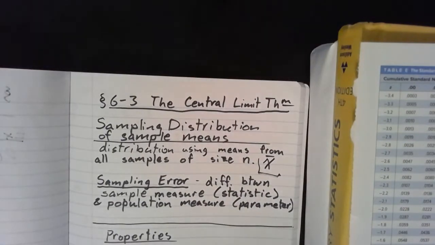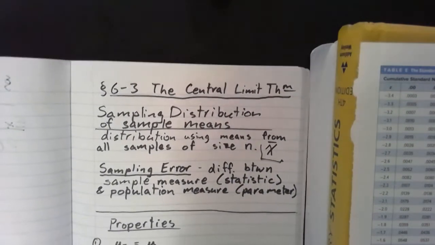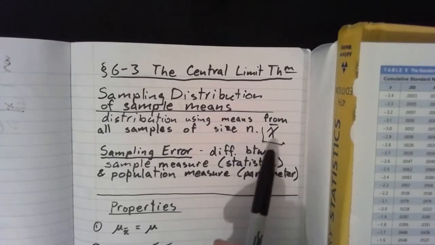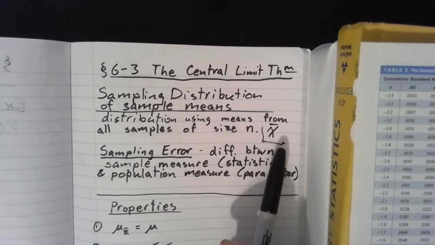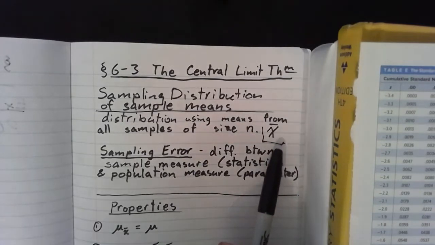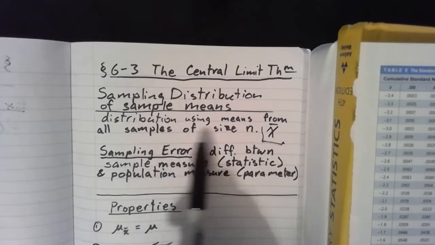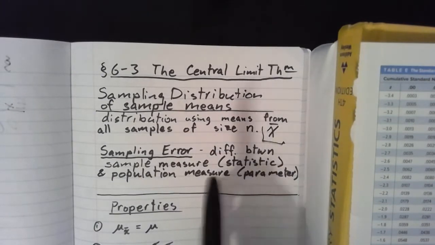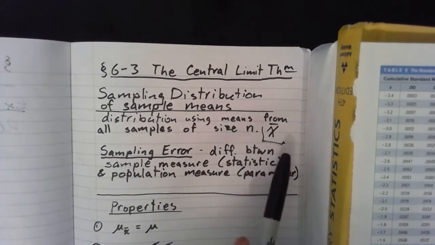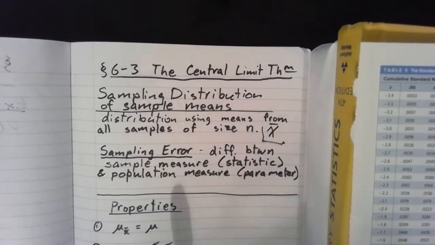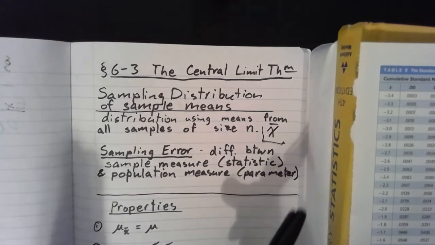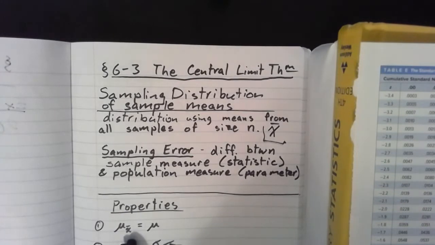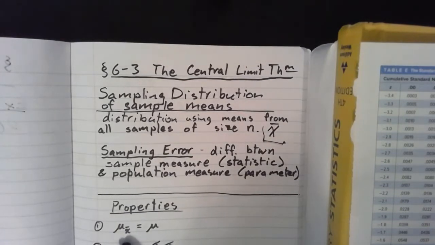Okay, the properties we are going to go over: first of all, we have this new set of values, let's call it our averages from all of the samples of the same size. The average of that whole set of values I've denoted as mu subscript x-bar.